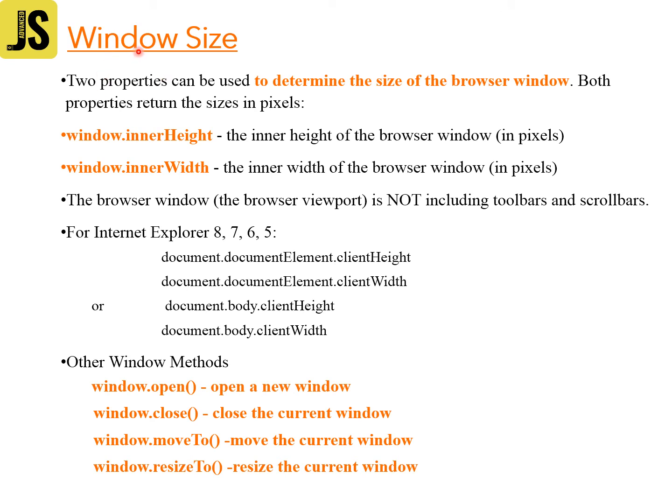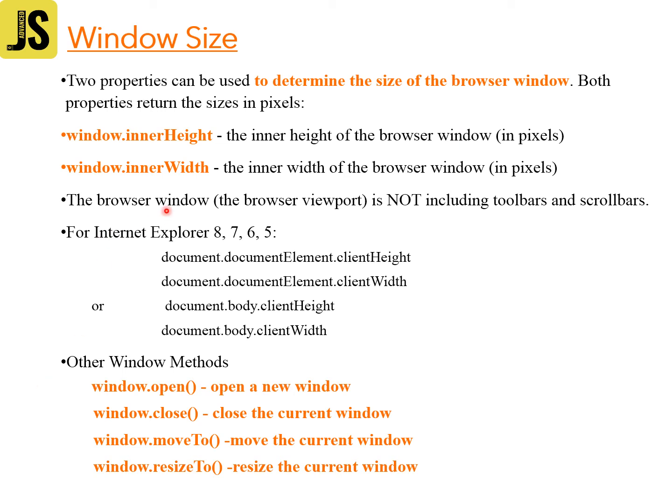The first property of window is window size. Two properties can be used to determine the size of the browser window, and both return the size in pixels. The first property is window.innerHeight, the inner height of the browser window, represented in pixels.